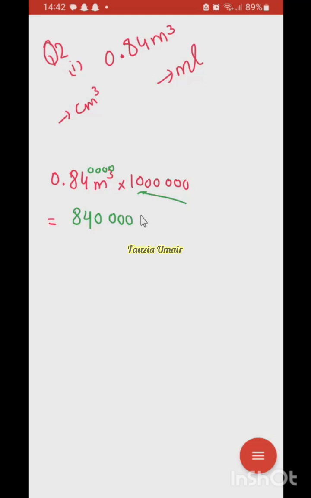Now the unit is centimeter cube. Now we can change it into milliliter. So what was the relation? 1 milliliter is equal to one cubic centimeter, and 1 liter is equal to 1,000 cubic centimeter.